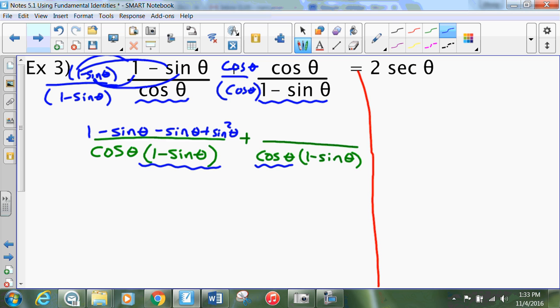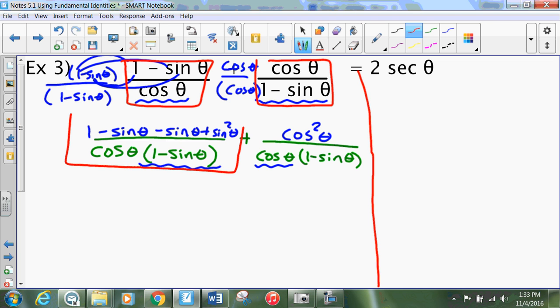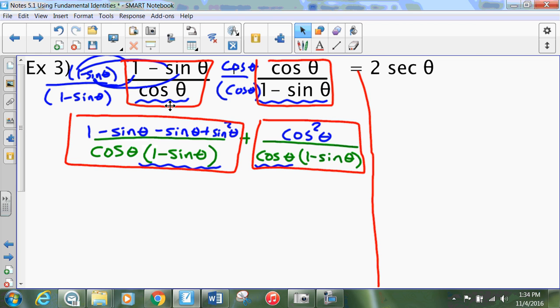So cosine theta times cosine theta is cosine squared theta. And there we go, we just rewrote these original 2 fractions. They look totally different, but they have the same value as the original ones.